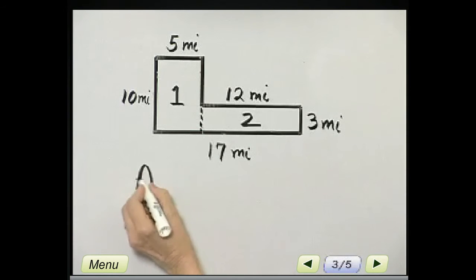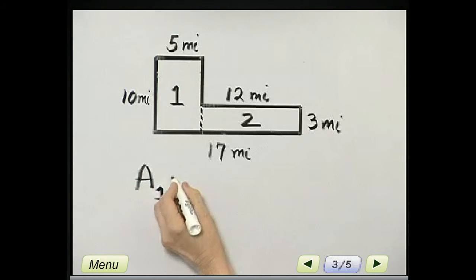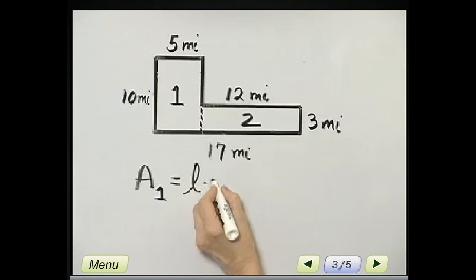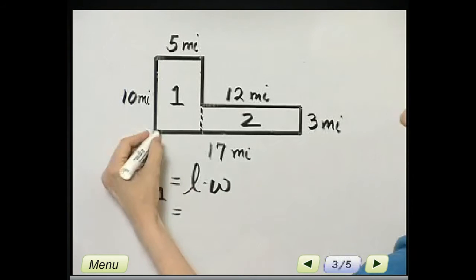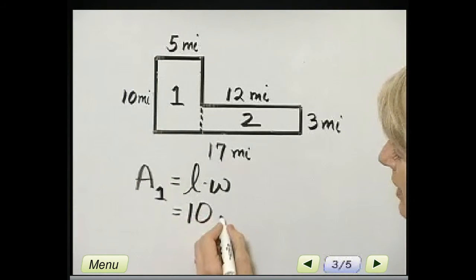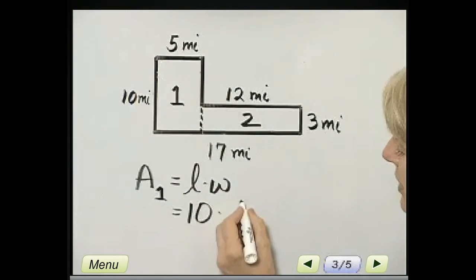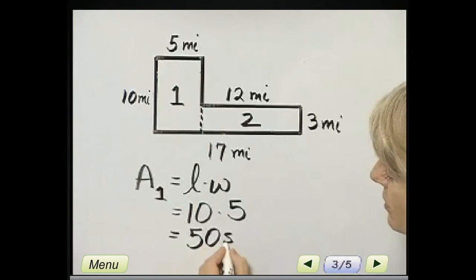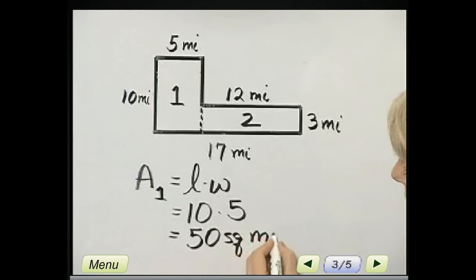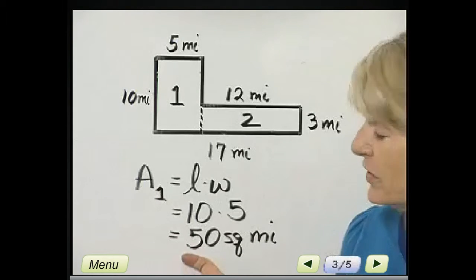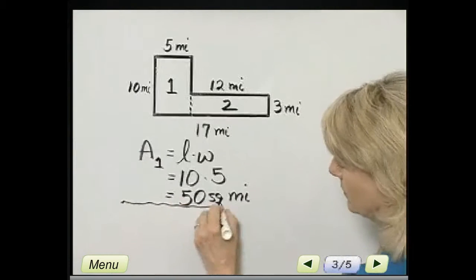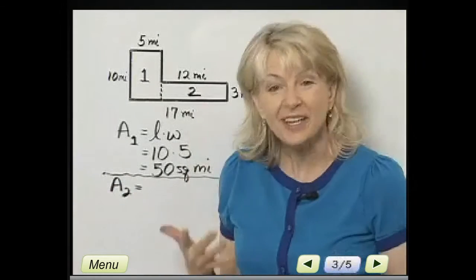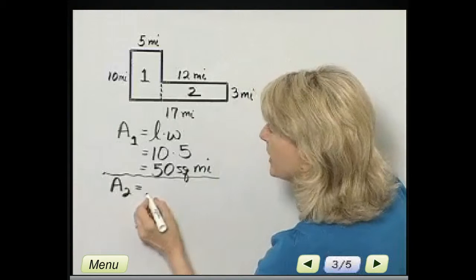So let's find the area of rectangle 1. All right, that is a rectangle, so it's length times width. So that is length, 10 as in 10 miles, times width, 5 as in 5 miles. The area of rectangle 1 is 50 square miles. Now we find the area of rectangle 2. It is a rectangle, it's length times width again.